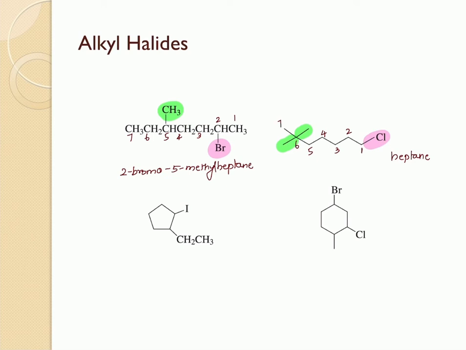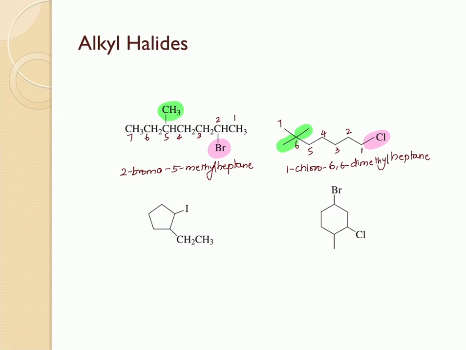If you go from right to left, that puts the first substituent, which is chloro, in position 1. But if you go from left to right, that puts the 2 methyl groups in the 2nd position. But you need to make sure that at least one of the substituents gets the lowest possible number. If you can give the lowest possible number to the substituent, then you have to adopt that as the right numbering. So the name for this molecule is 1-chloro-6,6-dimethylheptane.